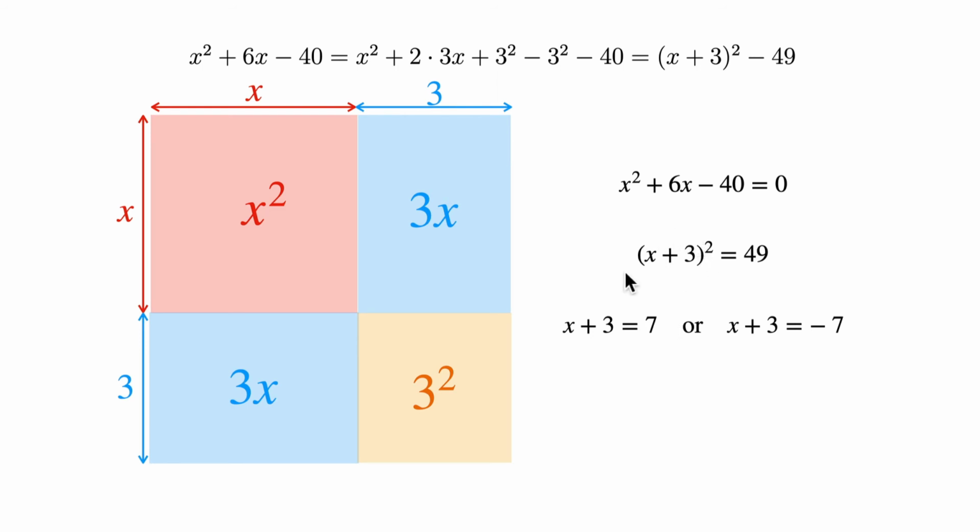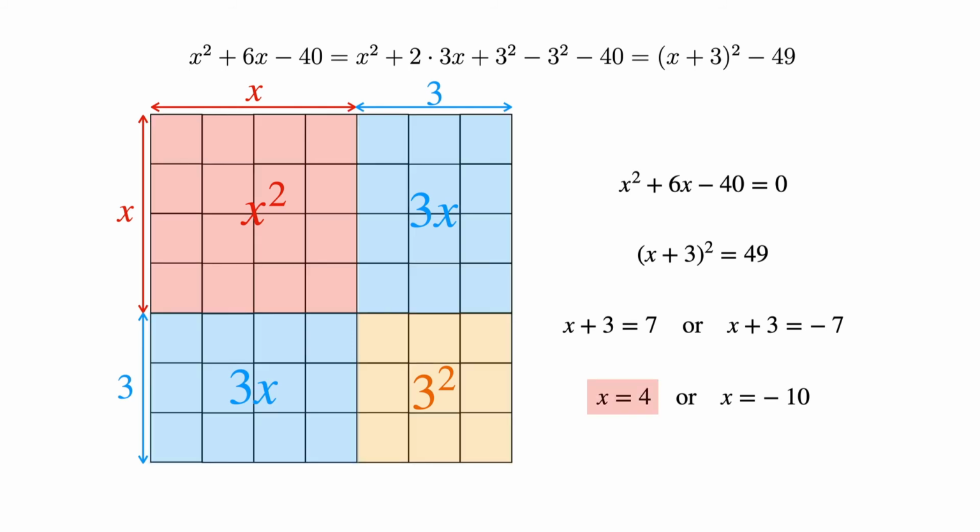Just by telling, okay, if the square of some number is equal to 49, then this number must be 7 or −7. And in these cases we get exactly the same solutions as we obtained before. And here indeed this illustration is only for x equal to 4. So you see 4 times 4.